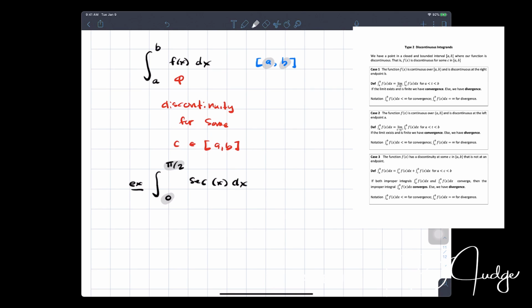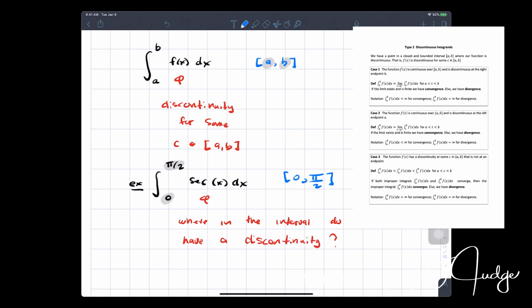But then the question is, where in the interval do we have a discontinuity? In this particular interval, 0 to pi over 2, where do we have a discontinuity? So here's a pretty good example.